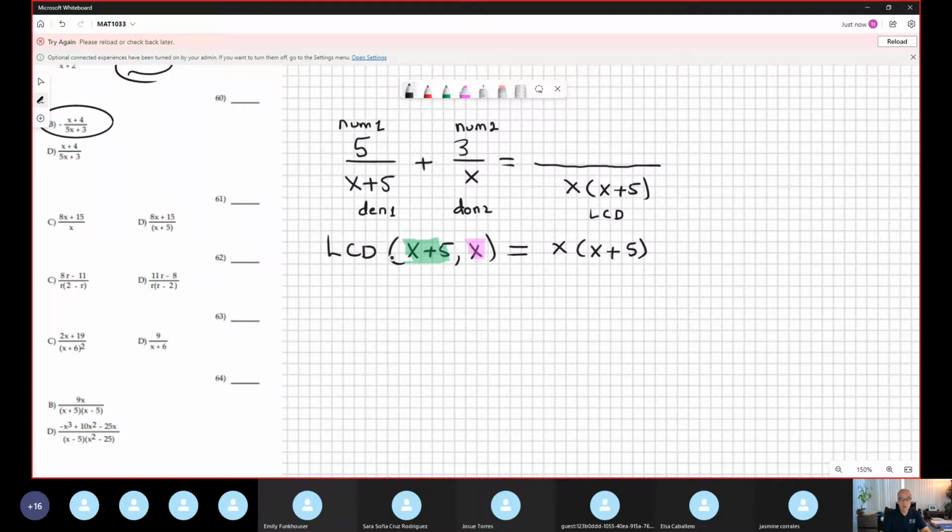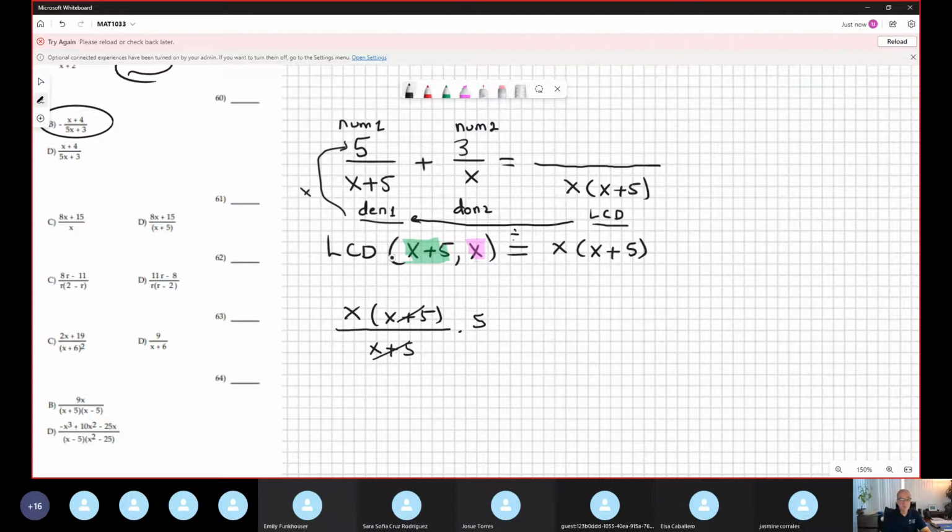Let's do it. So, mentally, x times x plus 5 is our LCD divided by denominator 1, x plus 5. It's obvious we can cancel out that part, no? And multiply by the corresponding numerator, which is 5. So you divide, remember the procedure, you divide this and this, and multiply by this.